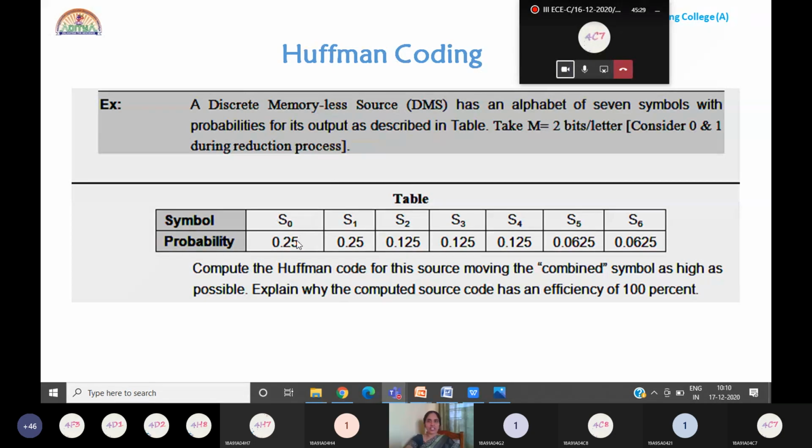The probabilities are given as 0.25, 0.25, 0.125, 0.125, 0.125 and 0.0625, 0.0625. Now, while calculating entropy, if you want to represent these probabilities as fractions, you can. So 0.25 you can represent as 1 by 4, 0.125 is 1 by 8, and 0.0625 is 1 by 16.